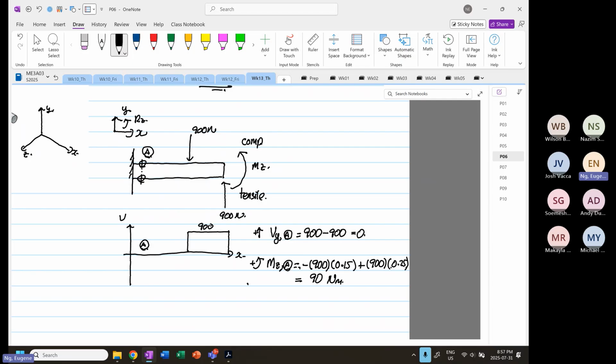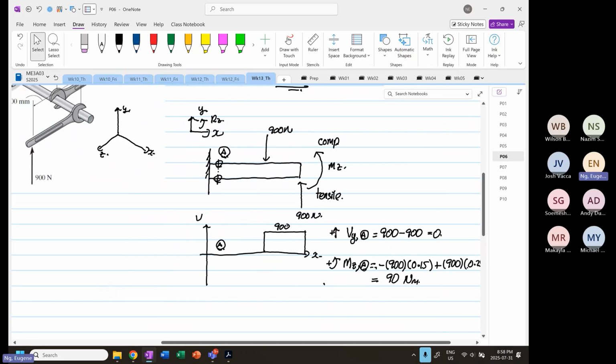Based on the maximum shear stress criterion, maximum tensile and maximum compression are the same, so it does not matter whether you take from the top or from the bottom.